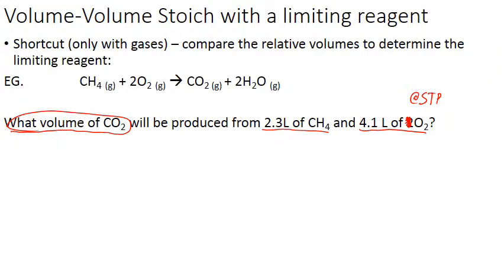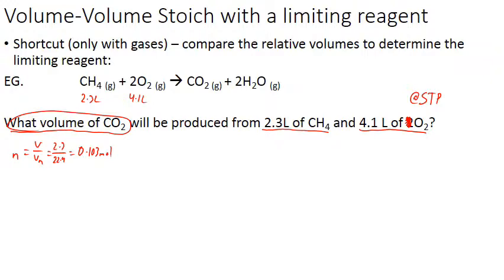What we would first do is we would take our 2.3 litres of CH4 and convert that back to an amount. Okay, so that will be volume over molar volume. In this case, 2.3 divided by 22.4, which gives us 0.103 mole.